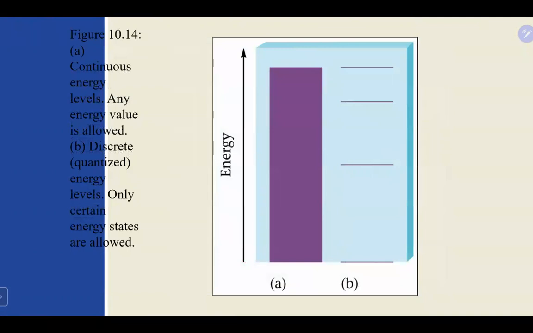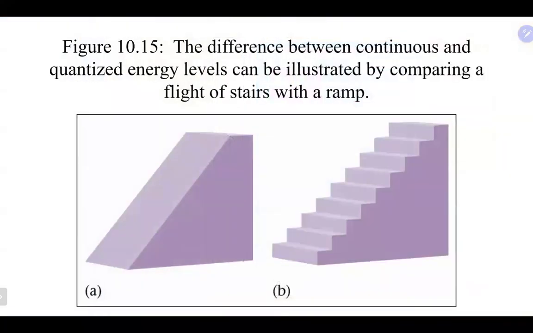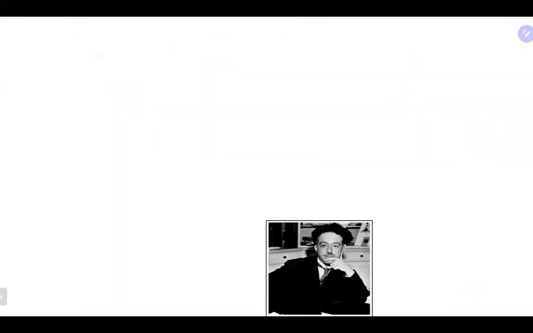This is the idea of quantized energy versus continuous energy. Electrons are transferred from one energy level to the next. There's our staircase, for example.